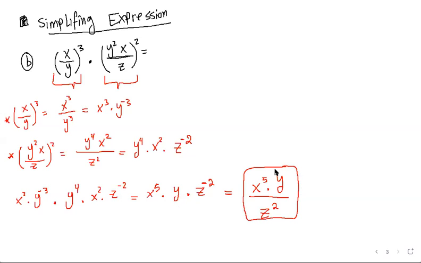Wait, so it's a fraction because you had to flip the exponent, right? Yes, because it's negative. When I move it down, it becomes a positive exponent. See, the 2 is positive, but up it is negative. Any questions?